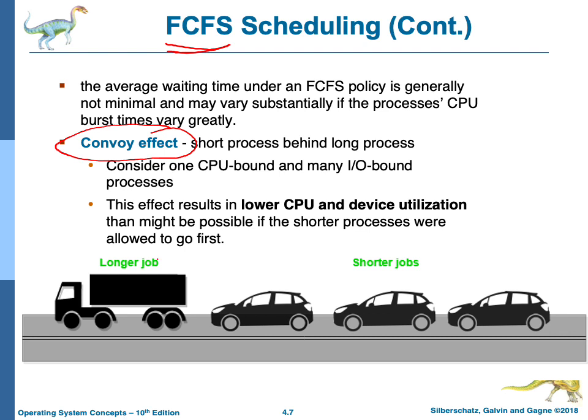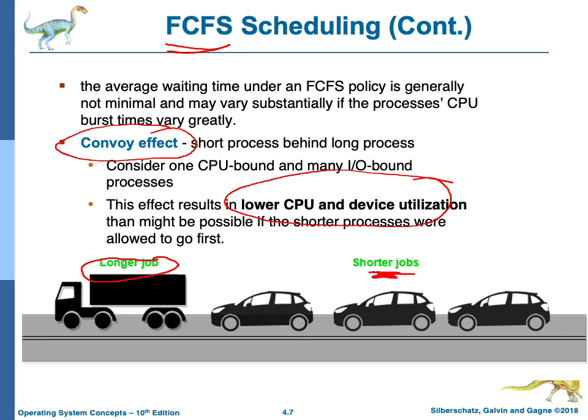If longer processes keep coming first, then shorter processes will take a long time to run. So this will result in lower CPU and device utilization, which is the opposite of what multi-programming and generally what operating systems mainly want to realize.